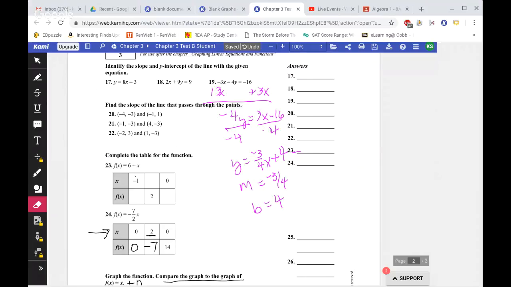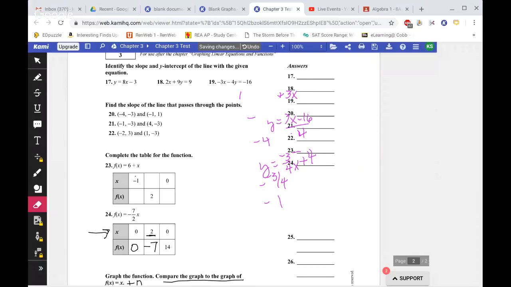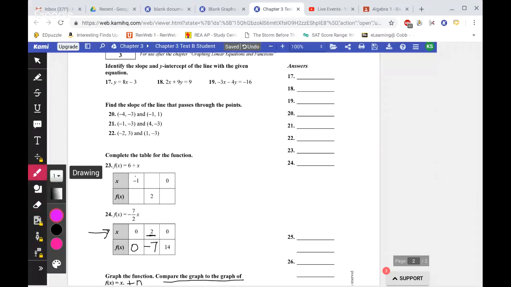Number 20, 21, and 22. Those are definitely on the test. So how many people need me to go over those? Can you do one of them? Yes, ma'am. Absolutely. Number 20.